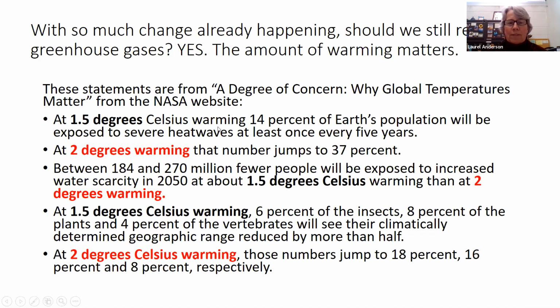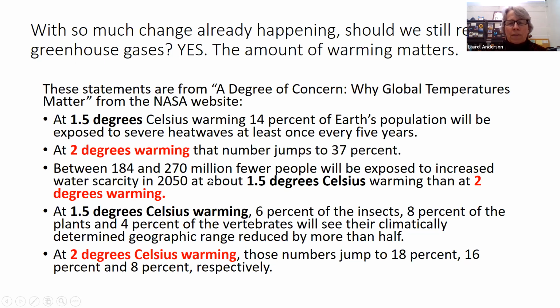At 2 degrees, that number jumps to 37% of the world's population. So it makes a big difference if we keep ourselves at a moderate amount of warming at 1.5 as opposed to 2.